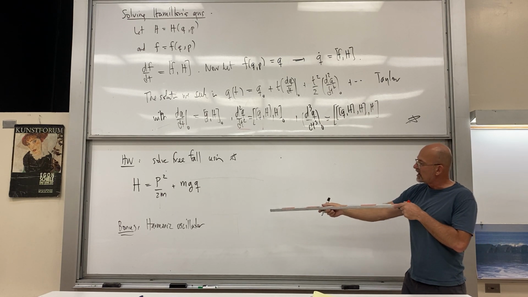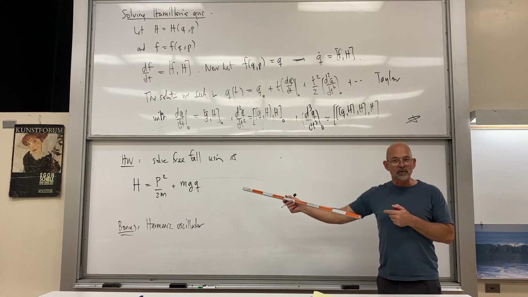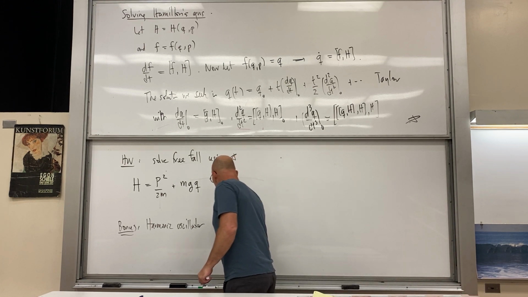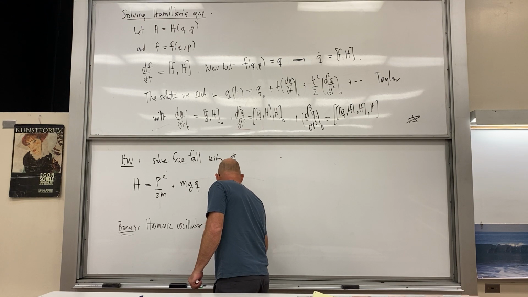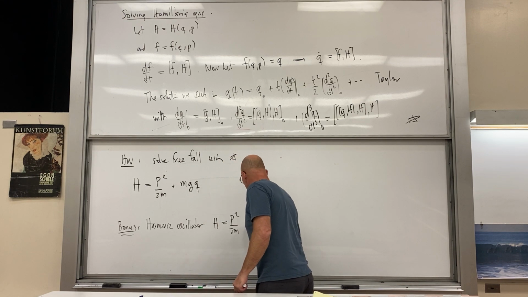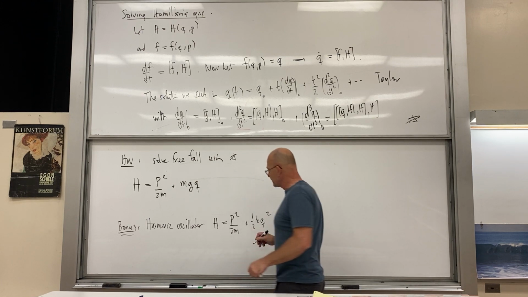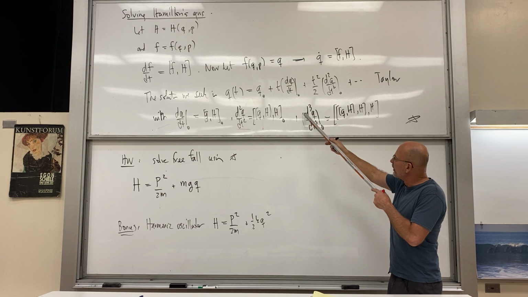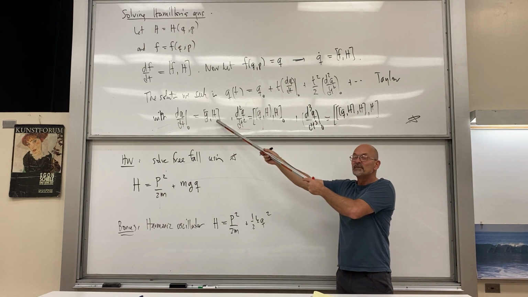But with a harmonic oscillator, we know the power series, sine and cosine, are both infinite. If you want to tackle that, with the Hamiltonian having plus one half k q squared, I'll tell you what you'll find. After about the fourth or fifth one of these, they repeat themselves.